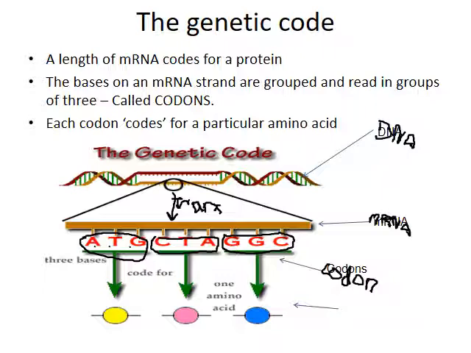Each specific group of three, each codon, has the instructions for one particular amino acid. So let's call our amino acids A, B, and C. When the ribosome's translating the codon ATG, tRNA is always going to bring the A amino acid down.